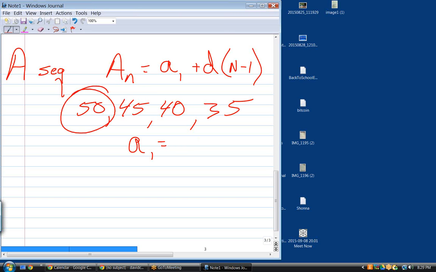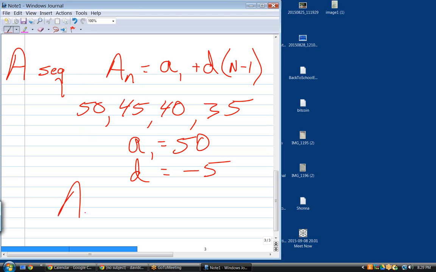The first term in the sequence, and that's 50. And what's D? D is the common difference. Which is? Minus 15. It's minus 5, I believe, isn't it? You said 50, 45, 40, 35? Yeah, I'm sorry. Okay. So we have everything we need.